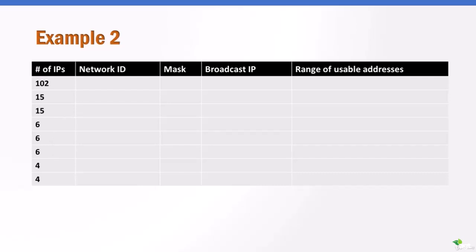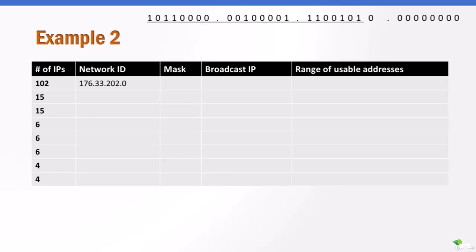So the first network ID for the first subnet is going to be 176.33.202.0. And this is what that looks like in binary format. So in the very beginning, in the requirement, we got /23 mask. So this is 23 bits that represent the network portion, and those are the underlined bits in this representation right here.